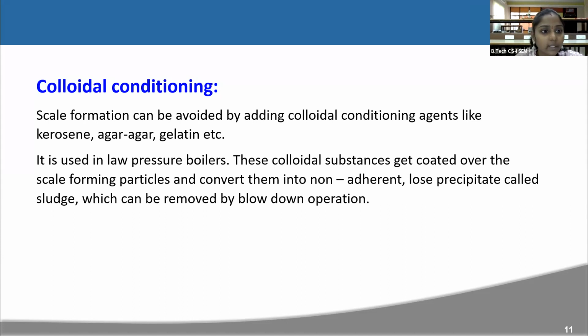Okay. So what is used in colloidal conditioning? What are those chemicals we used? Kerosene, agar-agar, and another one is gelatin. Okay. So these are colloidal conditioning.